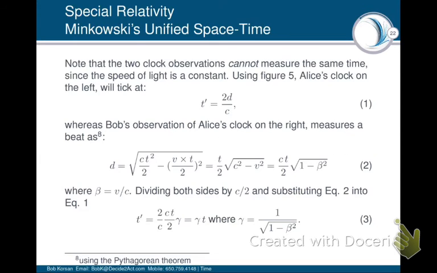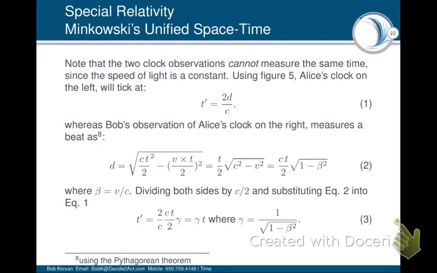Going back, we know that Alice's time t prime is gamma times t, which is Bob's measure of time, and in Alice's clock.